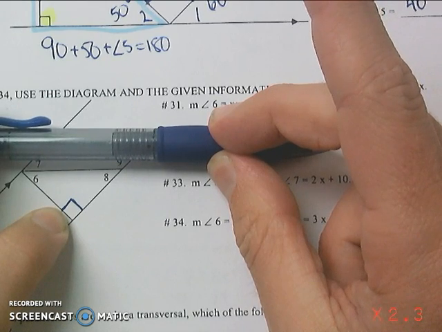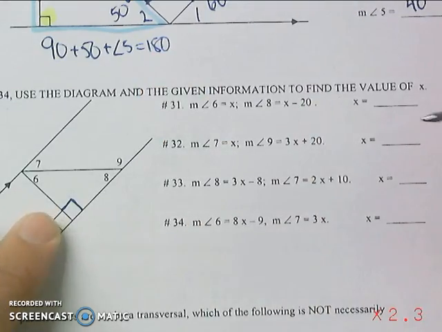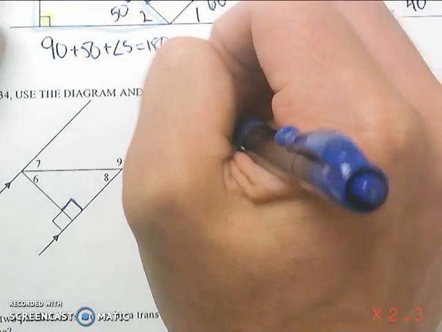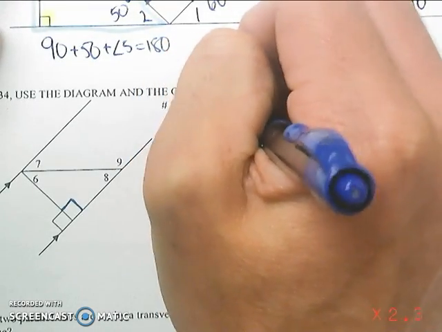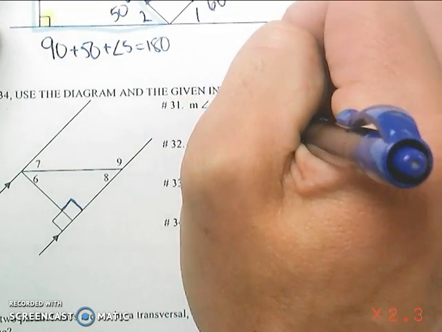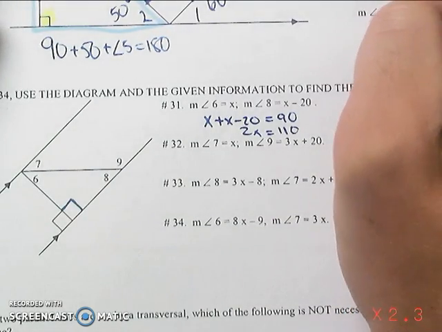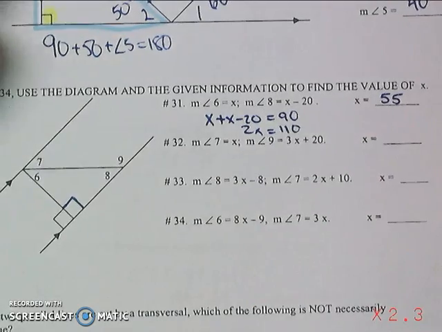Or 6 and 8 have to add up to 90 because 90 plus 90 is 180. So we get x plus x minus 20 equals 90, or 2x equals 110, or x equals 55. Okay? So pretty simple there.